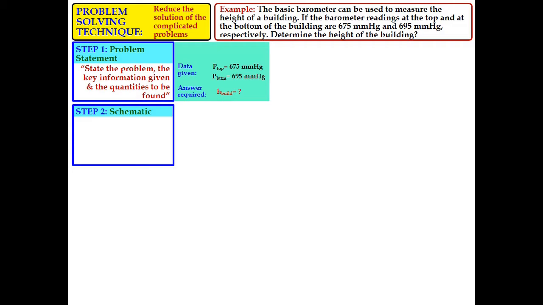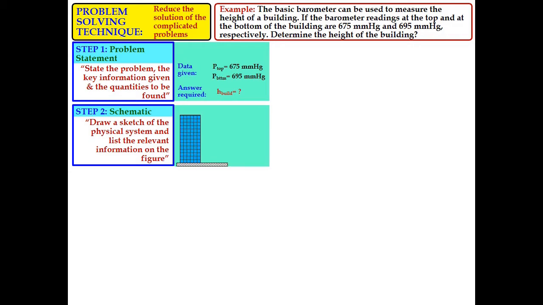Step number 2, you need to draw the schematic diagram in order to get a clear picture of the problem. Draw a sketch of the physical system and list the relevant information on the figure. Put whatever data is given, and also put the parameters that you do not know yet.